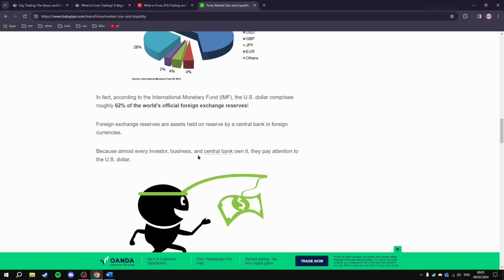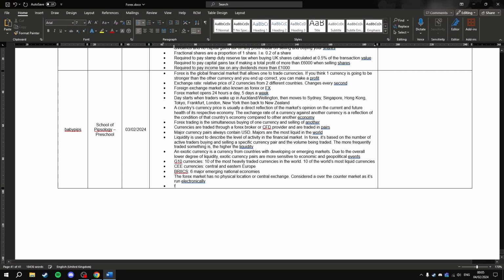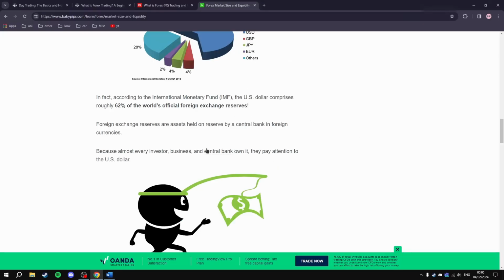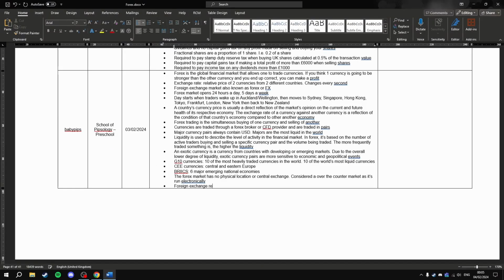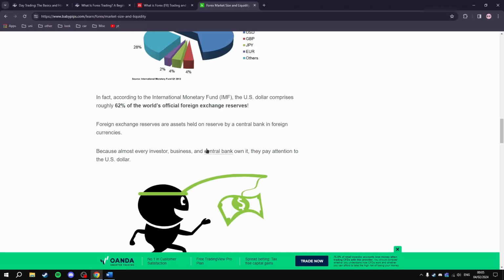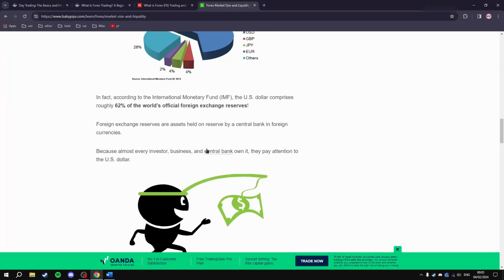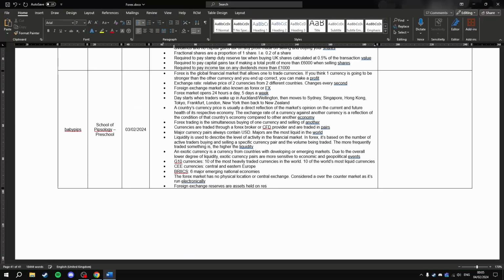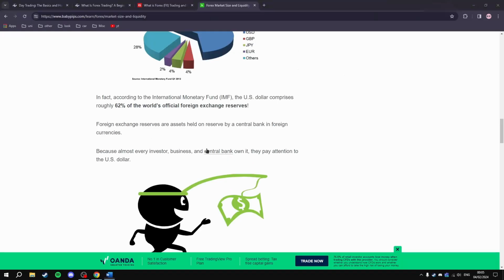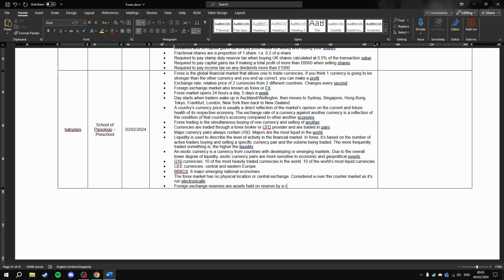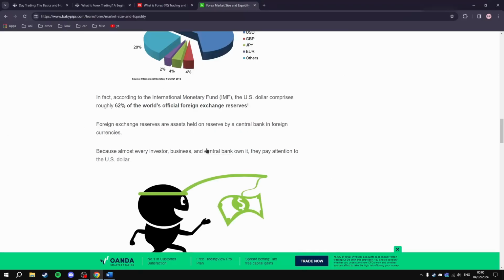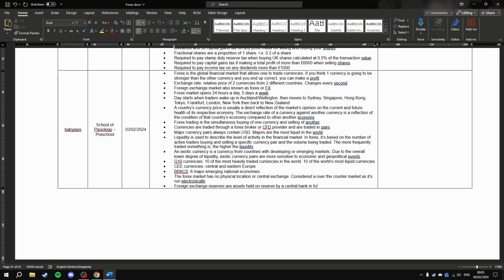Foreign exchange reserves are assets held on reserve by a central bank in foreign currencies.